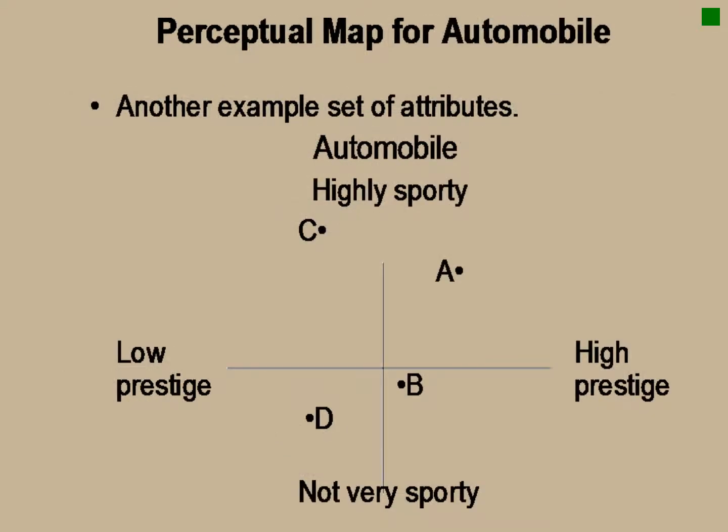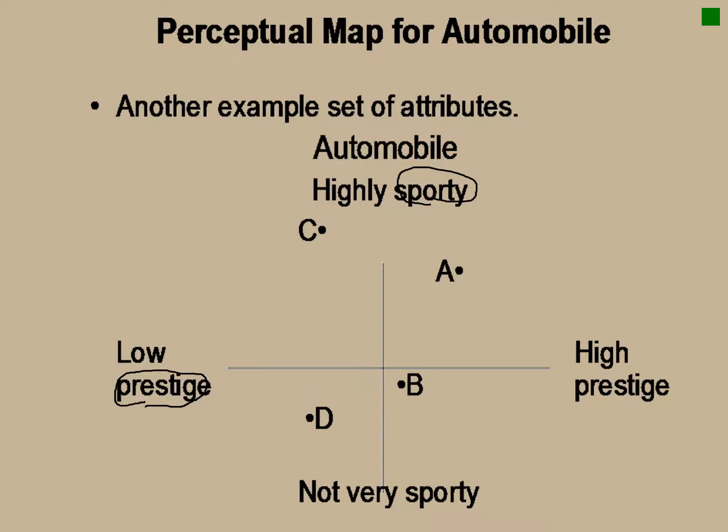Here's another example. We have sports cars. We have prestige as a determinant attribute, and sportiness as a determinant attribute. You might assume that sportiness and prestige go together, but not necessarily. Cadillacs are very prestigious, but they aren't necessarily sporty.